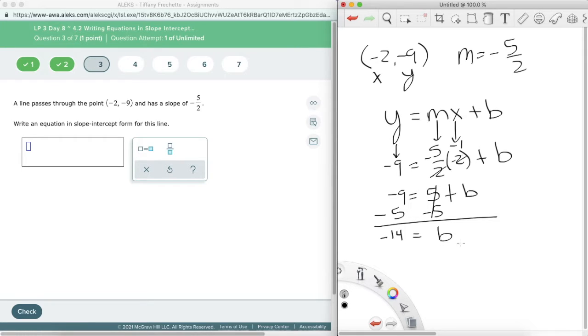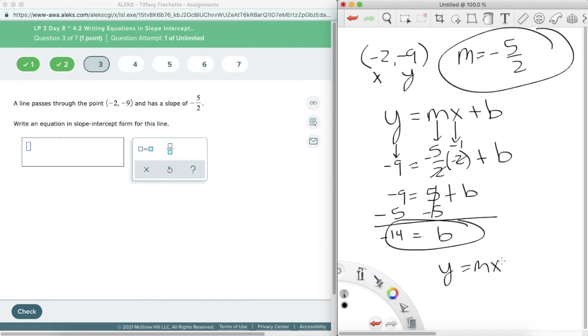So now I have b and I have m. I can go back into my equation, y equals mx plus b. Remember, x and y go back to x and y when you write this equation. You're writing a general equation for any point on the line. So all we want to fill in is m and b.